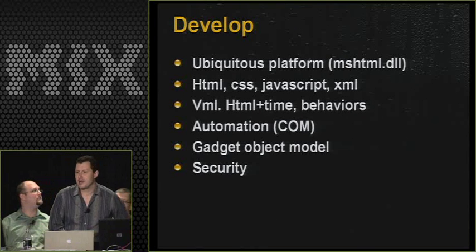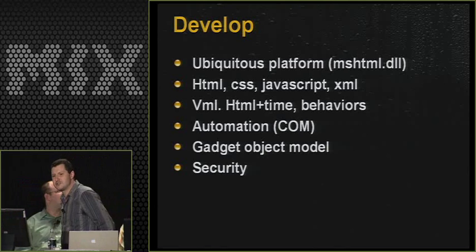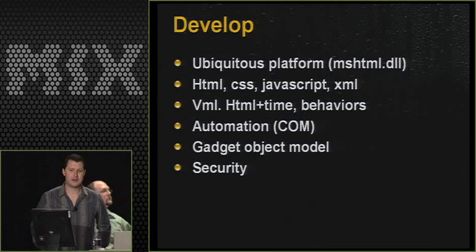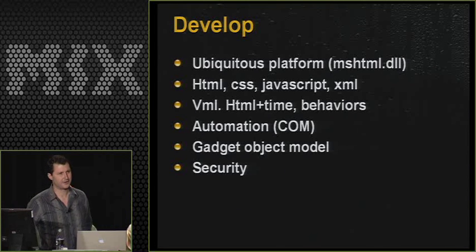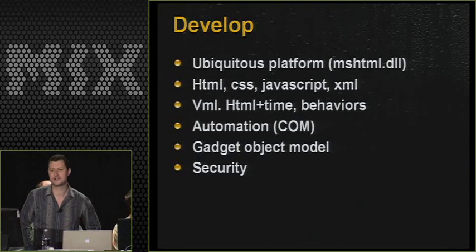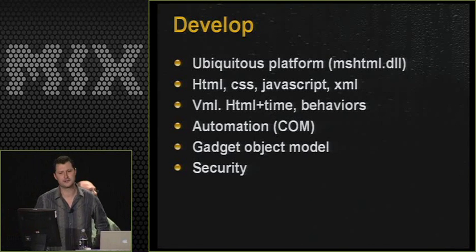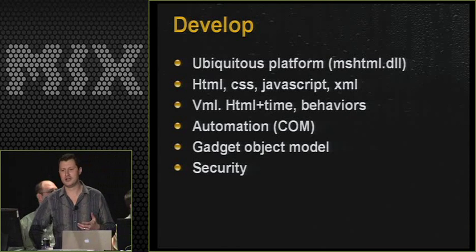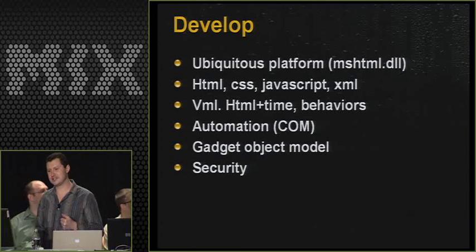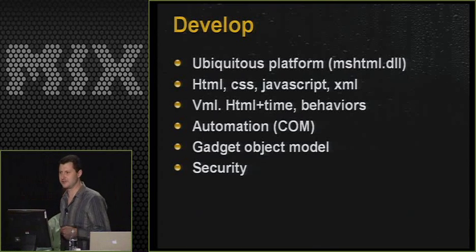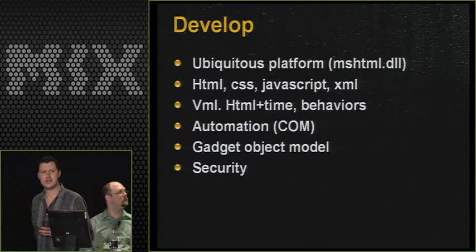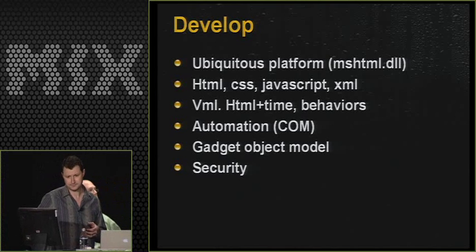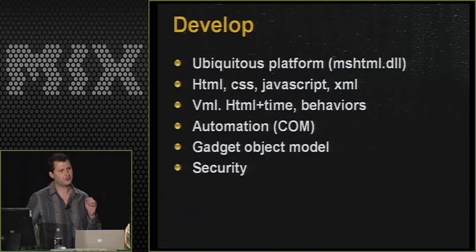So let's talk a little bit more about how you develop these things. As I mentioned earlier, the rendering platform we chose was MS-HTML, which is very ubiquitous because it's what Internet Explorer uses for all of its rendering. Again, the programming model is built around standards: HTML, CSS, JavaScript, and XML. So you can leverage everything that you know, everything that you do today as designers and web developers. You can go deeper.